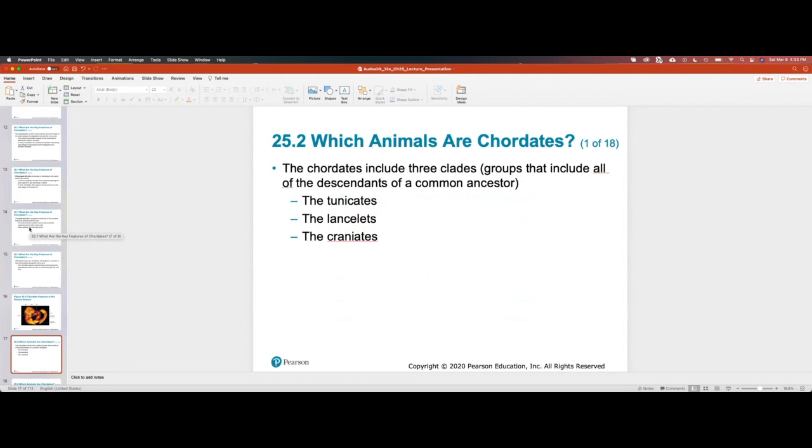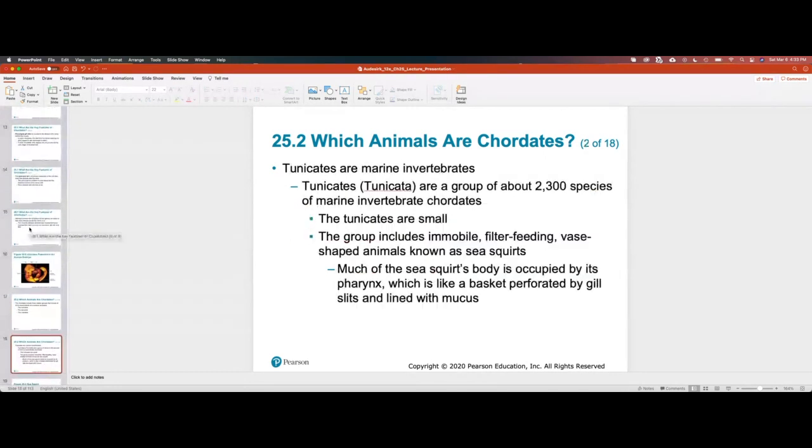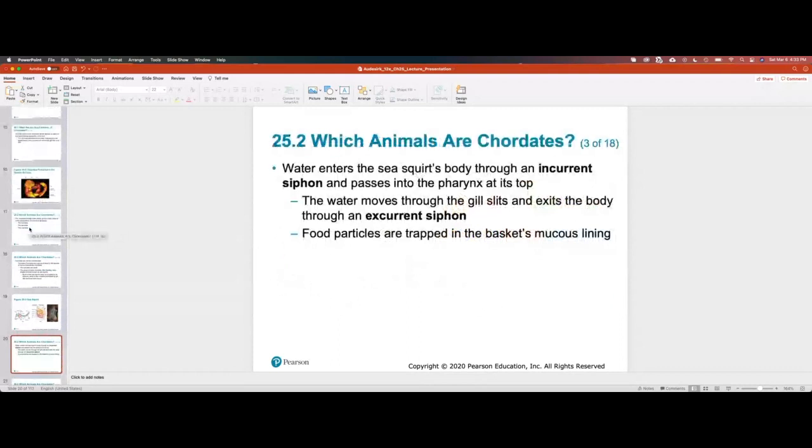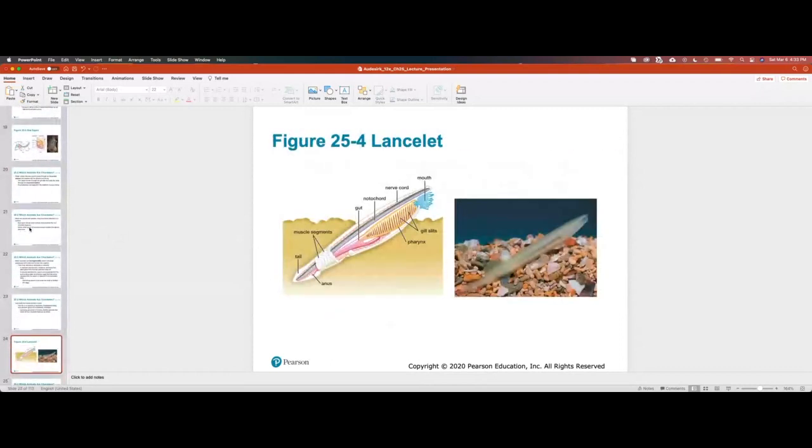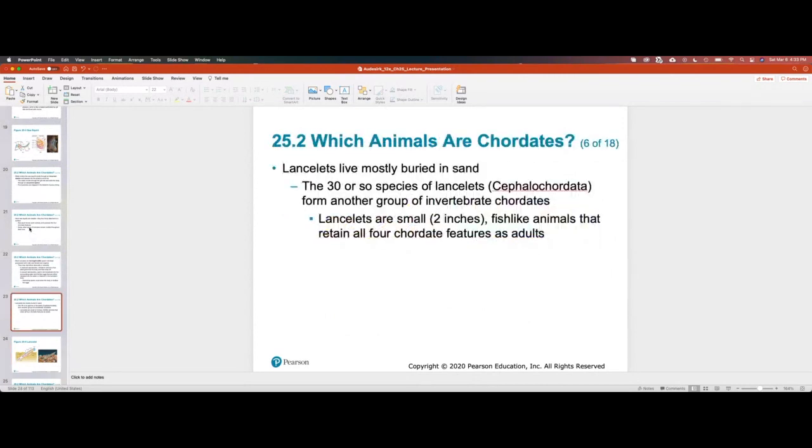So when we think of animals, we think of the vertebrates, which again are a subsection that we're going to get to in a bit. But right now, chordates are broken down into tunicates, lancelets, and craniates. And here is a picture of the lancelet.